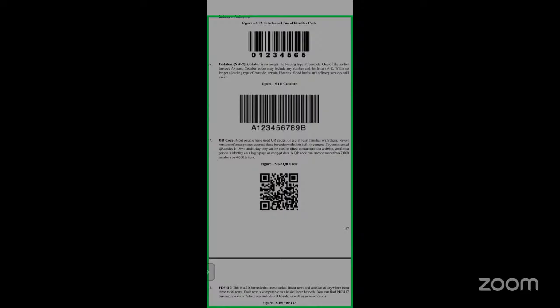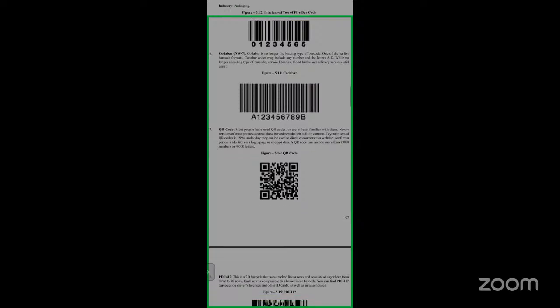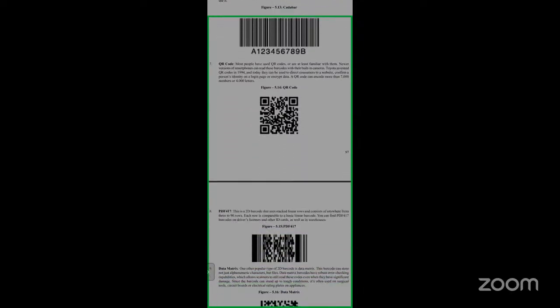If we look at it, in 1994 they used the QR code to direct consumers to a website, confirm a person's identity or a login page, or encrypt data. A QR code can encode more than 7,000 numbers and 4,000 letters, it seems. And you know that we use it everywhere nowadays.